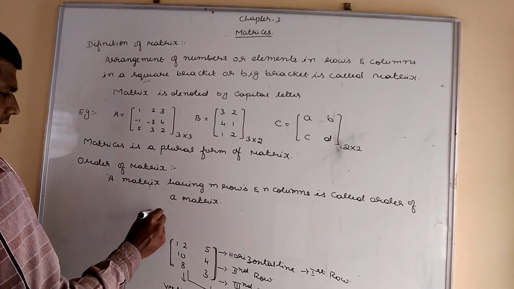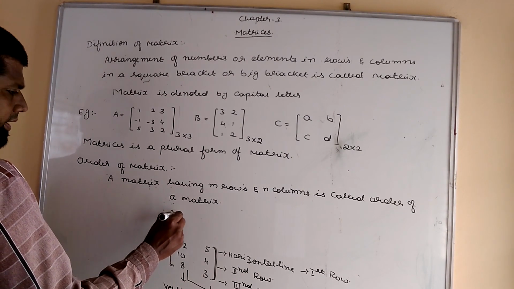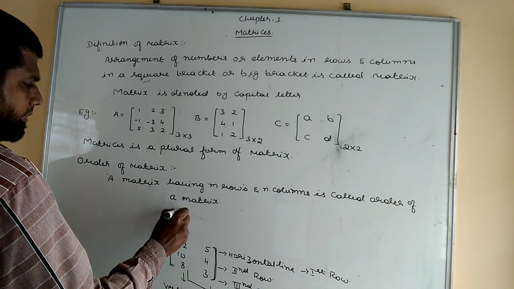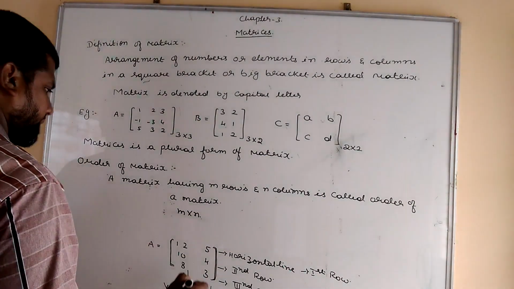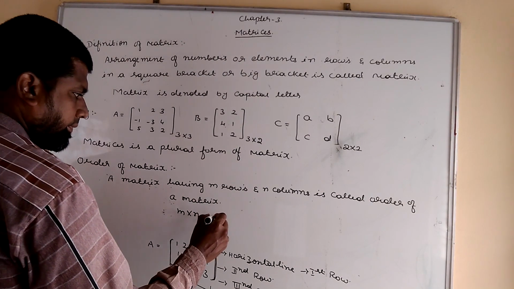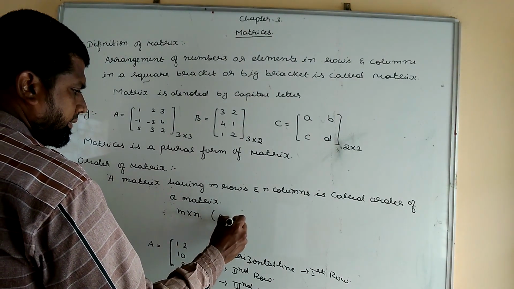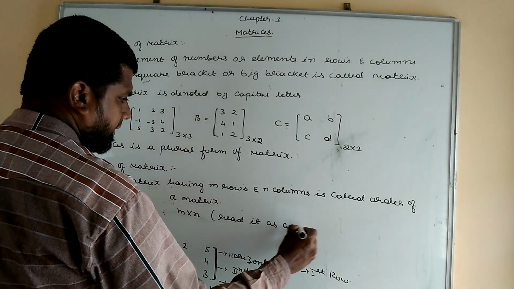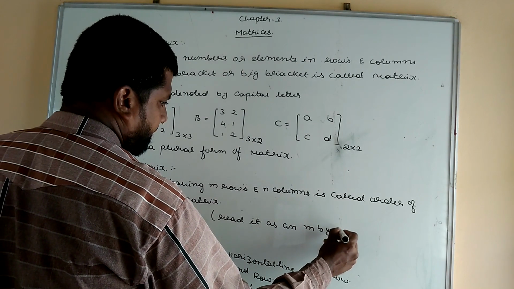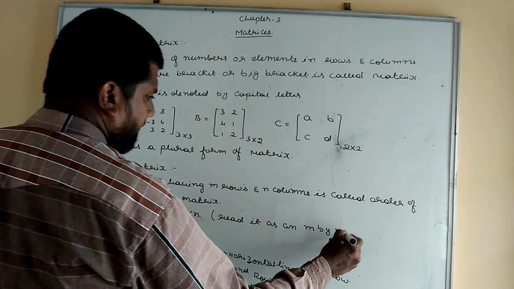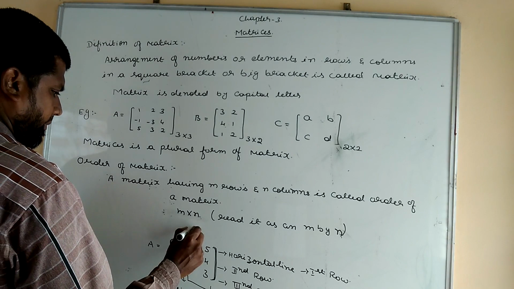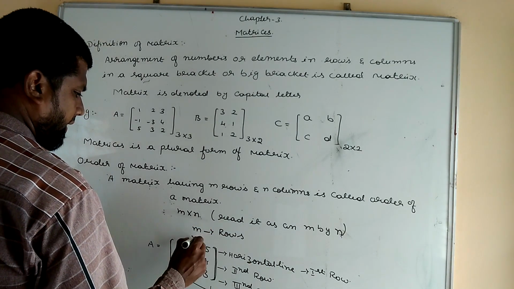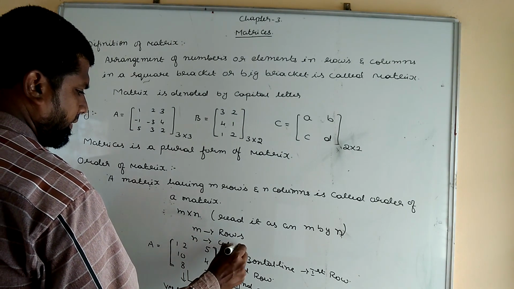Generally it is denoted by m cross n. Read it as m by n. M means rows, n means columns.